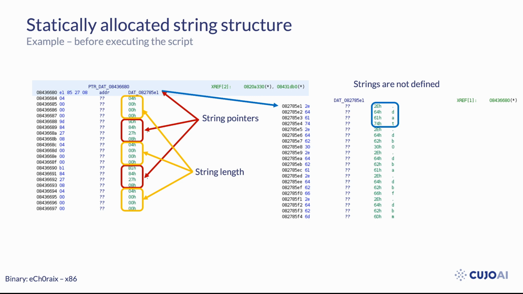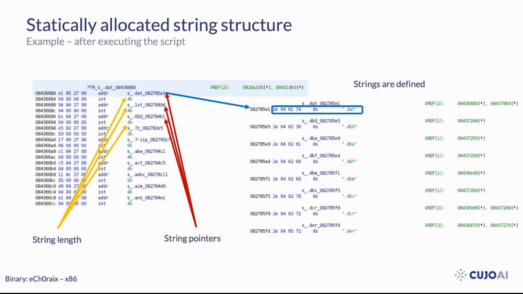And if we follow these pointers, we can see that the strings are not defined either. So this is what we also want to achieve with the script. So once we execute the script, it will define the pointers and the integers and the strings as well. So it will also help a lot in reverse engineering to find these specific strings that are interesting during our analysis.